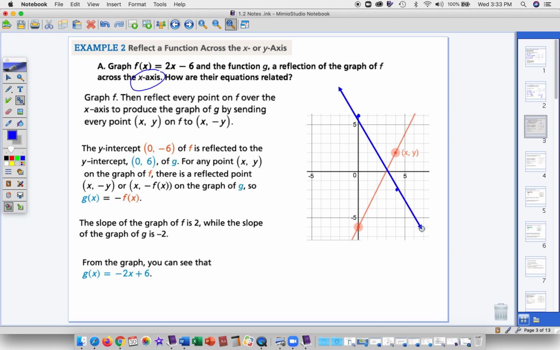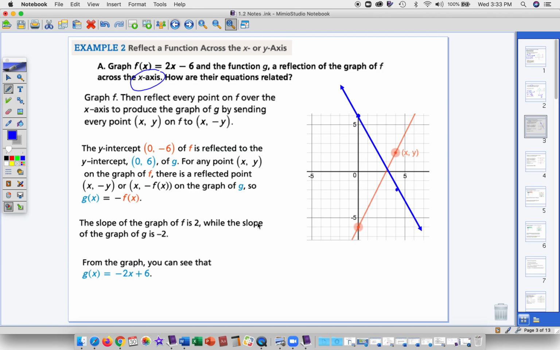Hopefully you can see that reflection over the x-axis. Do you see it? Now to compare the graphs, we know that the slope of the graph of f is positive 2. We look at this line, we're going up 2 and over 1, and up 2 and over 1.